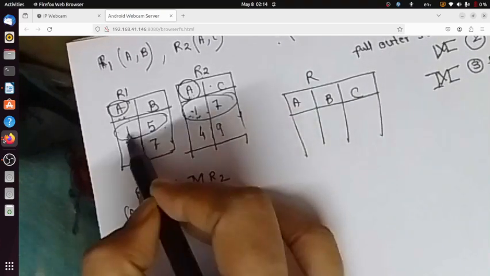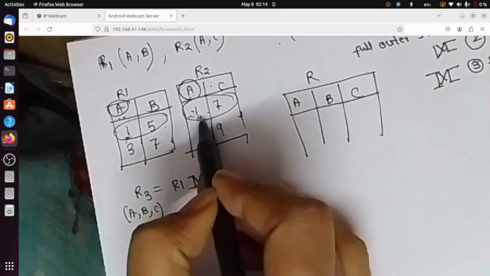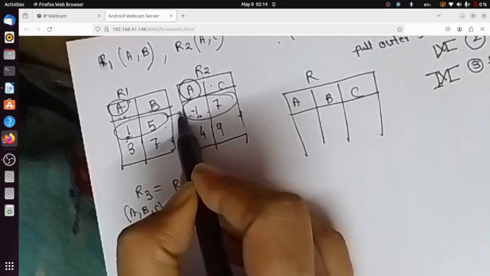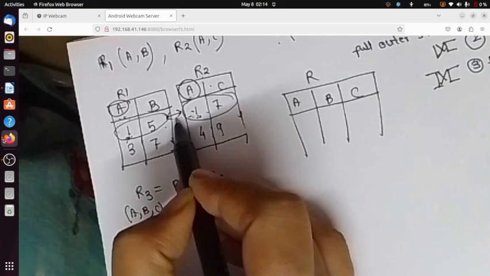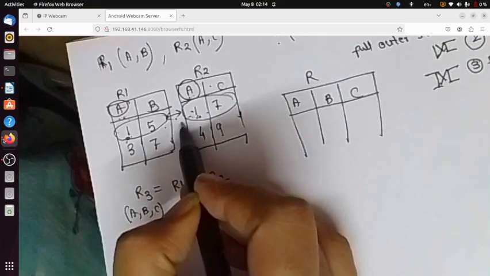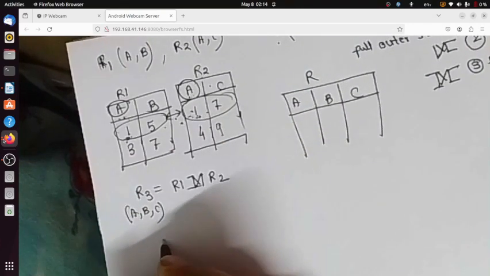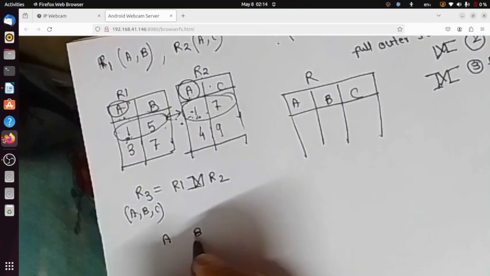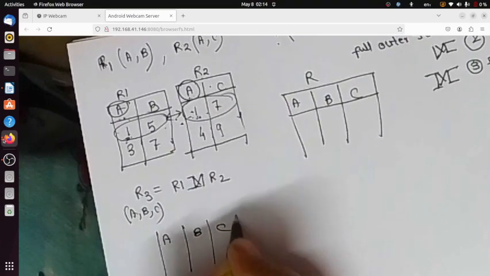The values of A in these two records are the same, so these two records will be combined. After combining, A, B and C are the three columns.